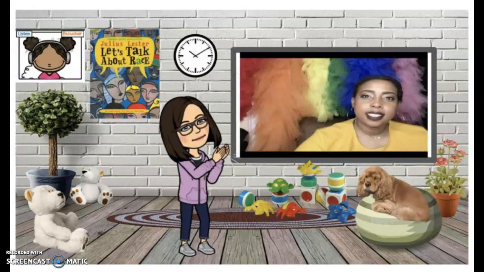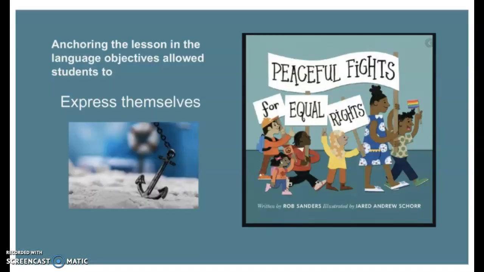We talked about racism and what kids can do to stop it, and giving the students the language frames and modeling, repeating vocabulary terms from the text also helped to scaffold the lesson using the language domain as the anchor. Having started the practice of explicit language objective teaching from the beginning of the year allowed the students to understand the content and share.